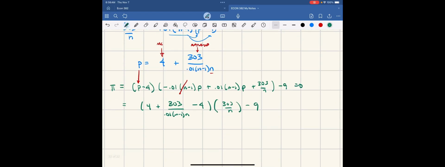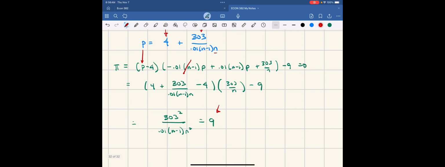So now canceling and collecting like terms, we get 303 squared over 0.01 (n minus 1) times n squared equals 9, where 9 is our fixed cost. So when we think of the optimal number of firms, if our fixed cost is 0, then this implies that the optimal number of firms goes to infinity.